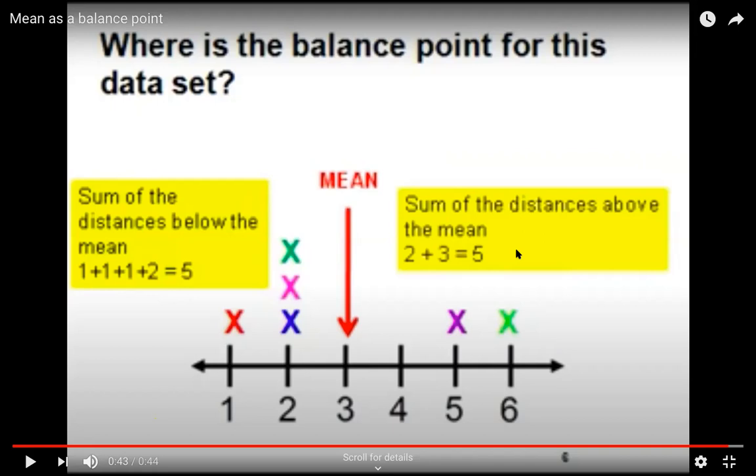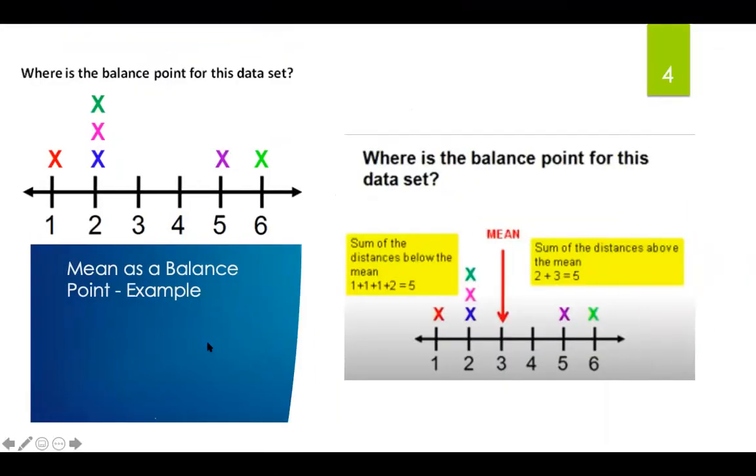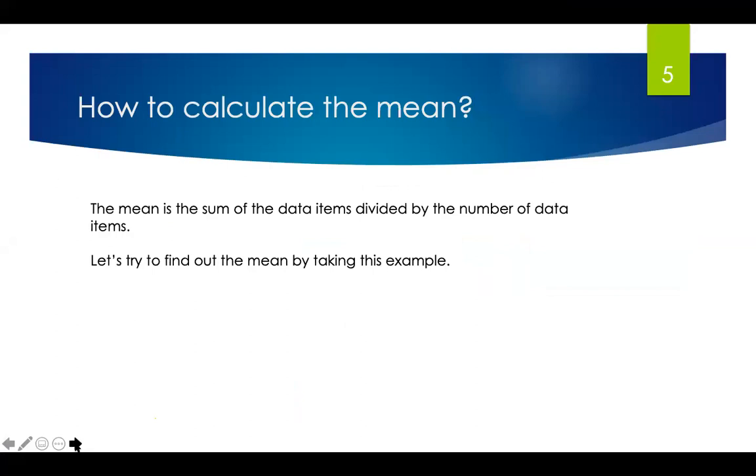This is why, after introducing the concept for you, let's see how we need to find out the mean of any data set given in a problem. I have it for you here. So let's see how to calculate the mean. The mean is the sum of the data items divided by the number of data items. So pay attention to the difference.